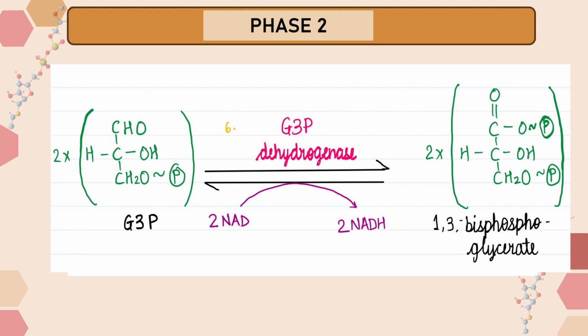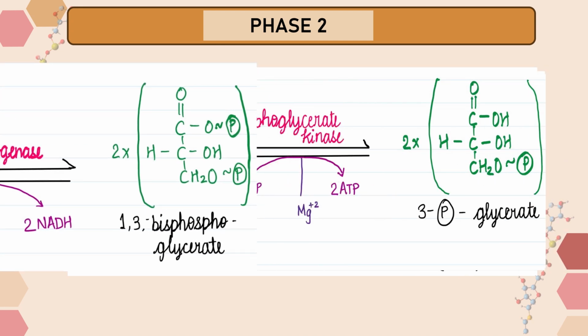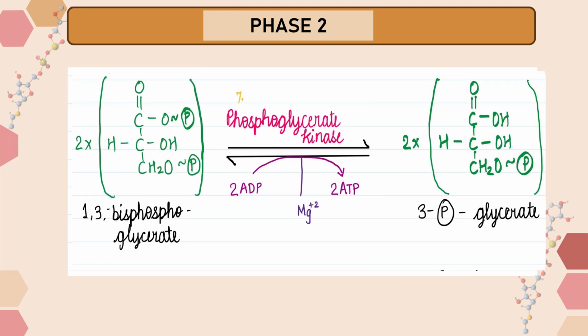This leads to the formation of 1,3-bisphosphoglycerate. The enzyme phosphoglycerate kinase takes that phosphate back from both the molecules of 1,3-bisphosphoglycerate, which leads to the formation of 2 ATPs. And also, we get 2 molecules of 3-phosphoglycerate.